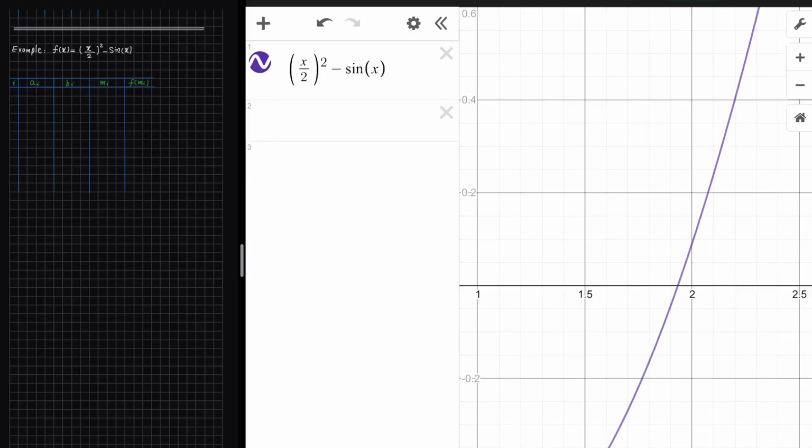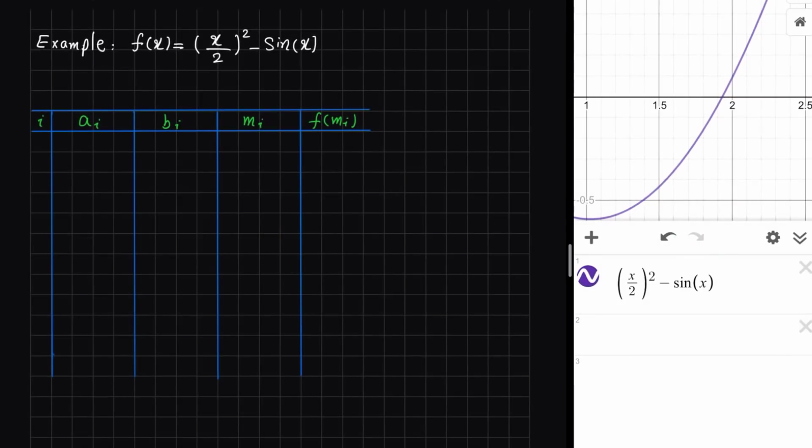So getting back to our function, the interval of 1.8 and 2. So this is our A1 and this is our B1 as we explained before.